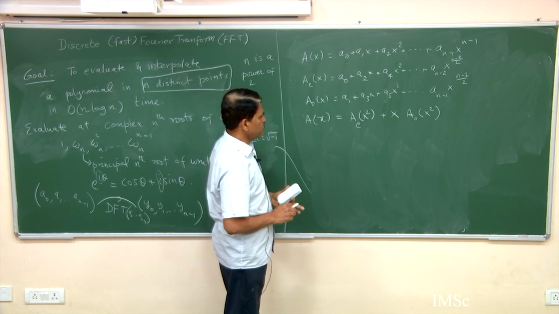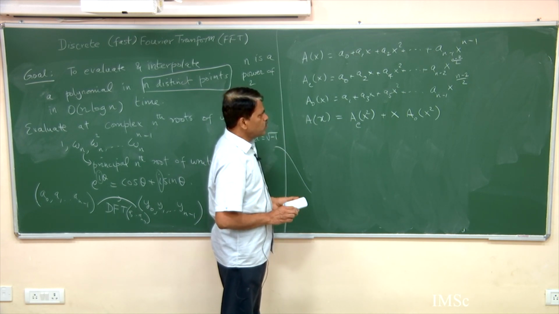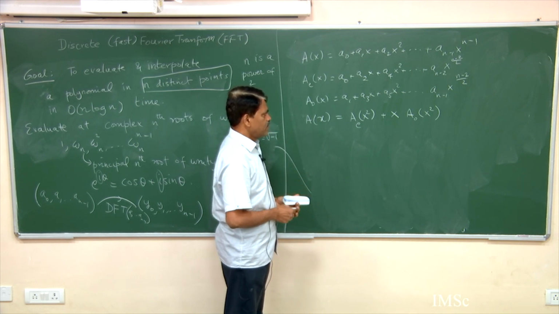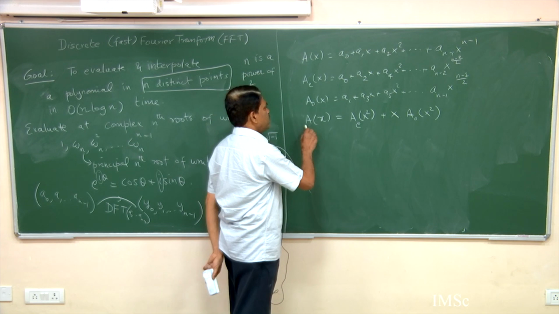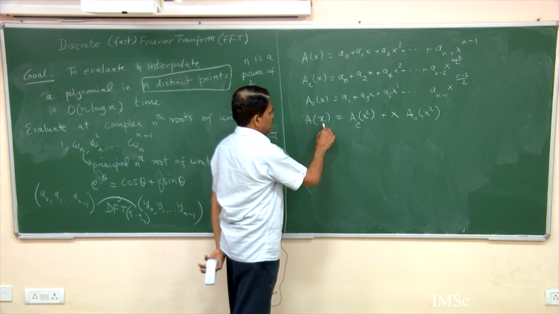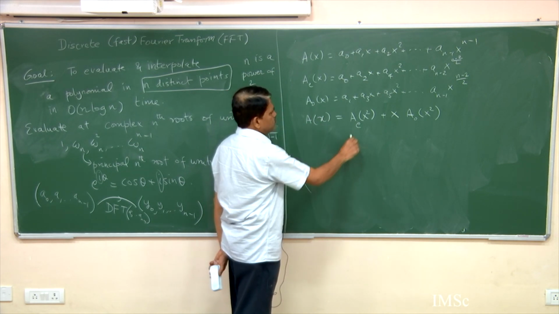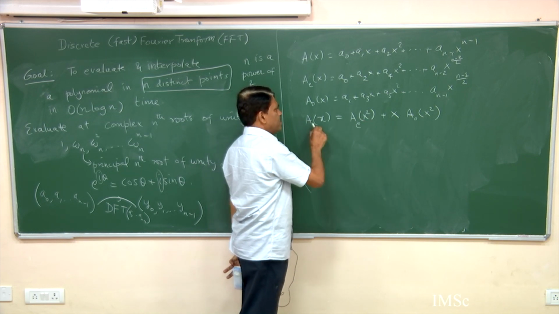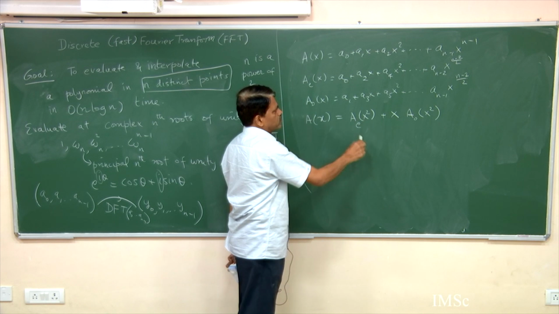So what I have now is two polynomials of half the degree. But if I have to evaluate A at x0, x1, x2 up to xn minus 1, then I need to evaluate these guys at x0 square, x1 square, x2 square and so on.